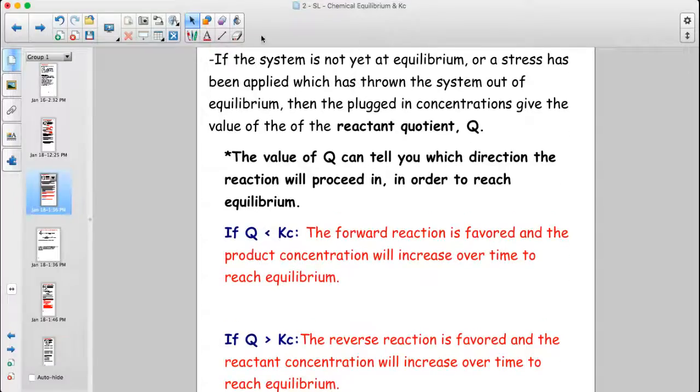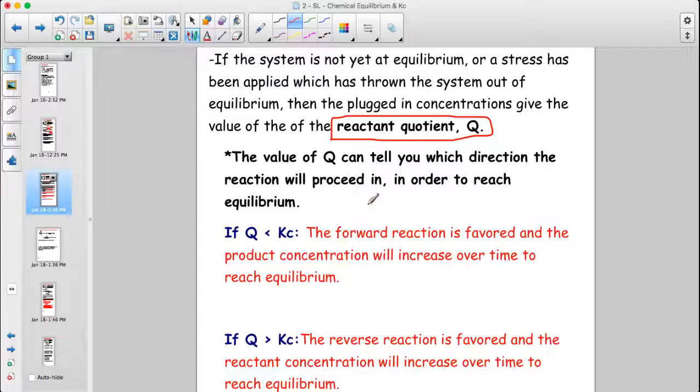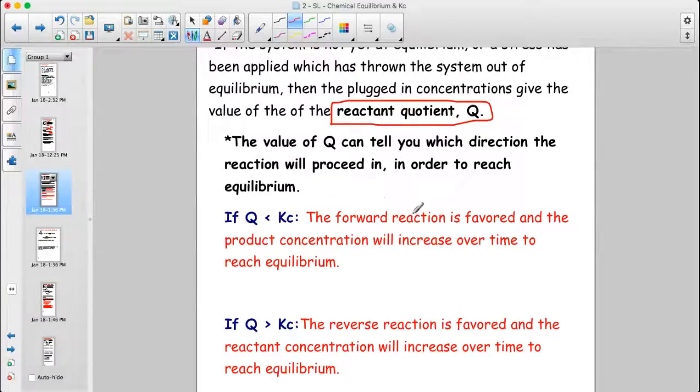We will get out the reaction quotient, Q. It's the same exact equation, the same Kc expression, but because we're not at equilibrium, when you plug in the concentrations, you won't get out the Kc value. You'll get out some different number. So they refer to that as the reaction quotient Q. The value of Q can tell you in which direction the reaction is still proceeding, or in which direction it will proceed in order to get to equilibrium.